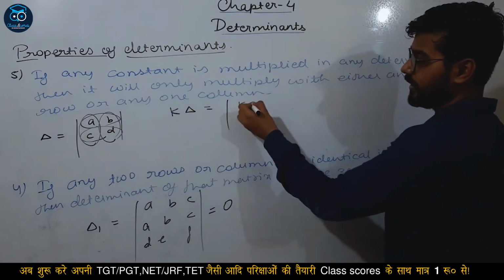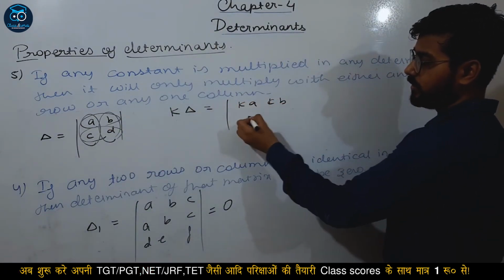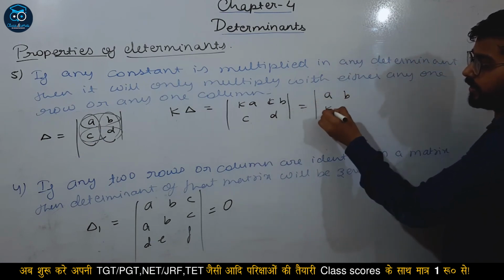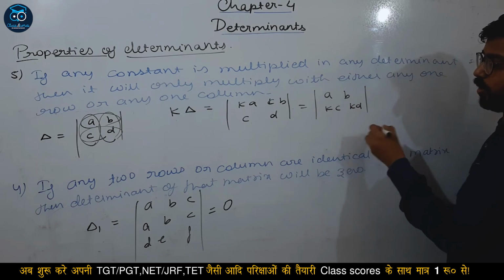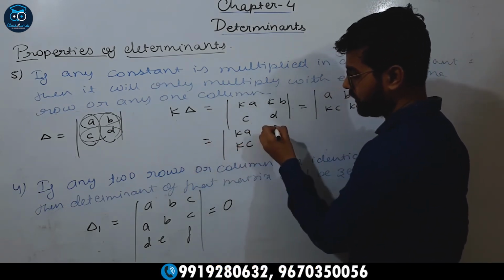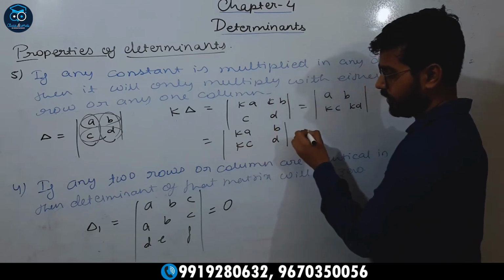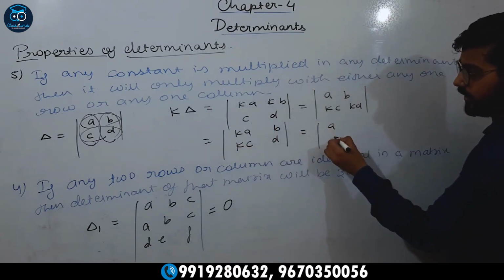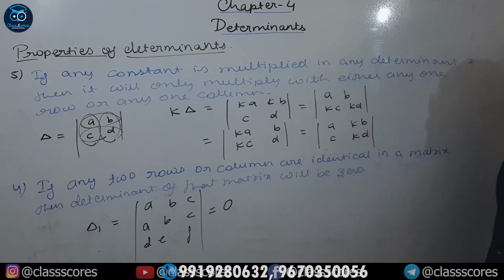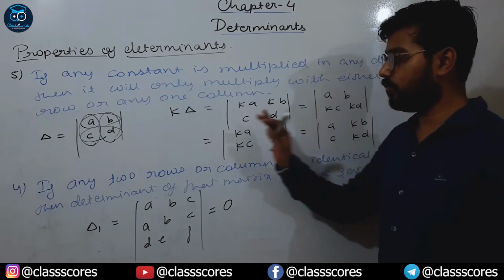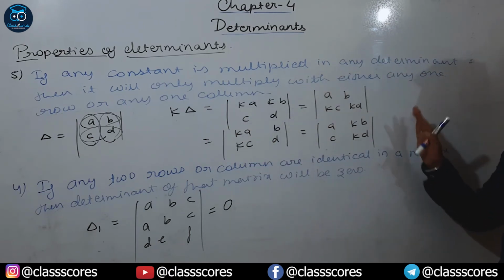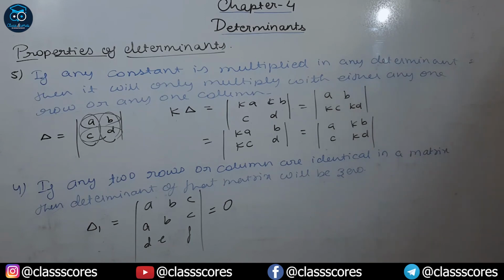So we can write KA, KB, C, D, or we can write A, B, KC, KD, or we can write KA, KC, B, D, and we can also write A, C, KB, KD. Whenever we solve this, we always get the same value of that determinant. This is our property number 5.